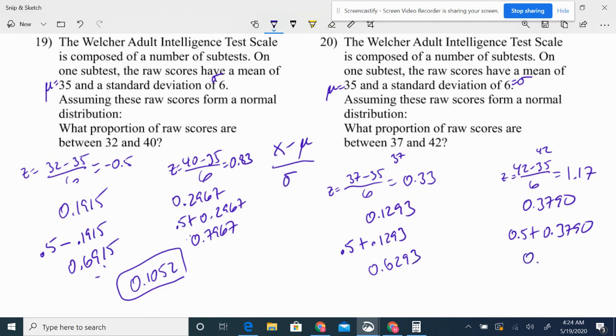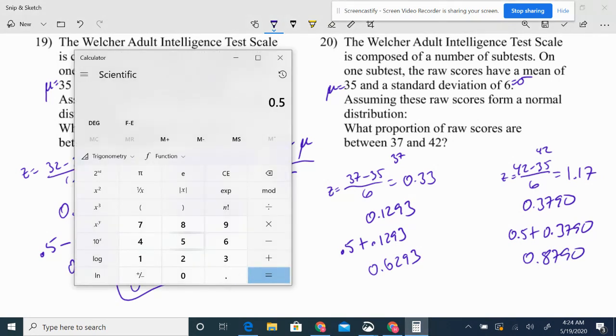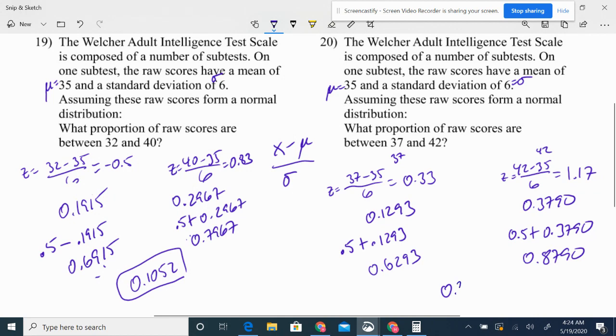This is going to give me 0.8790. Minus, because I'm going to start from the big one, minus 0.6293. That gives me 0.2497. That's simple.